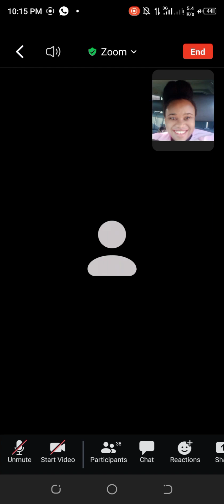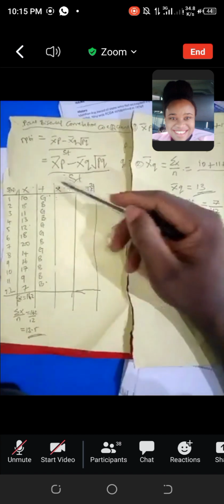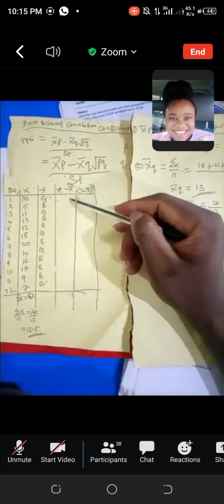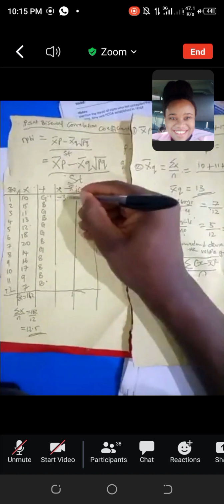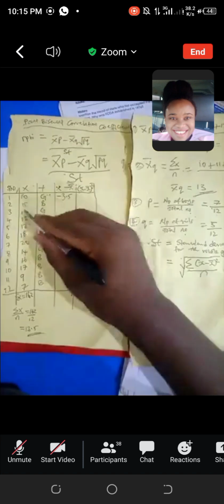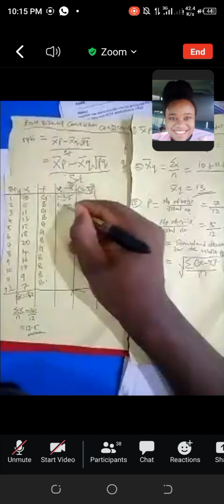Yes, it's clear. Okay. So now we are doing deviation from mean. Each value of x will subtract the mean from it. So for example, 10 minus 13.5 is minus 3.5. Then 15 minus 13.5 is 1.5.